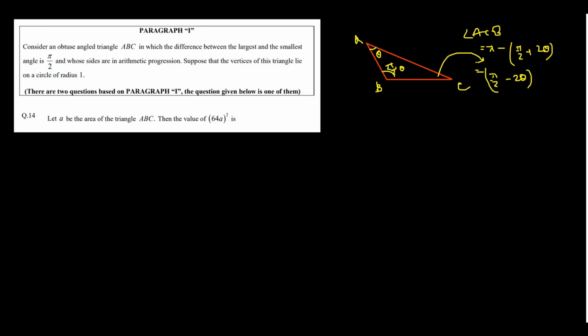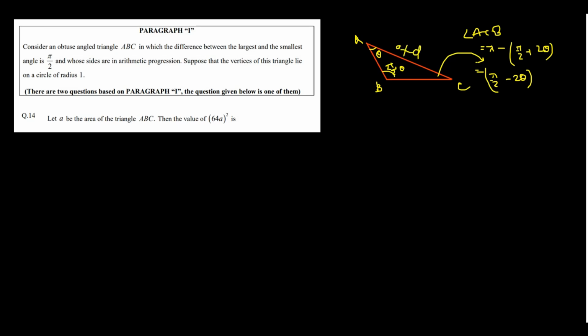Now the question also says that the sides of the triangle are in AP. So we can take them as a, a plus d and a plus 2d, or we can also take them as a minus d, a and a plus d. So a minus d will be the smallest side, a will be intermediate and a plus d will be the largest. Obviously the largest side is opposite to the obtuse angle, so that will be side AC, and let us take it as a plus d.